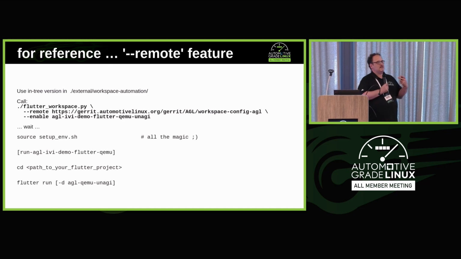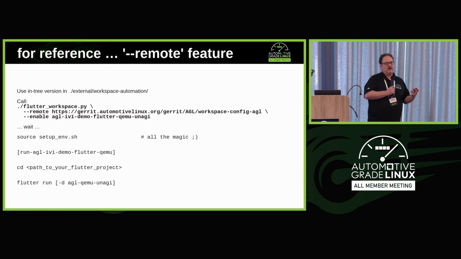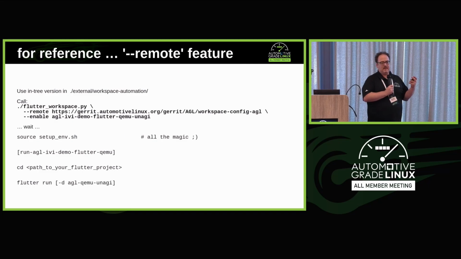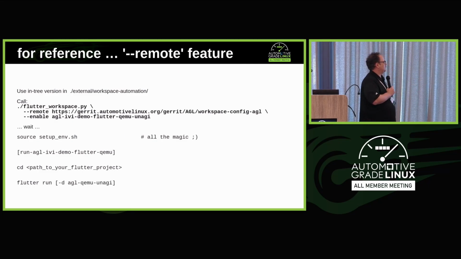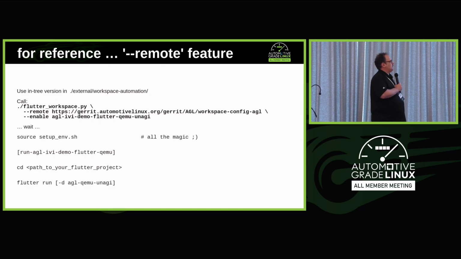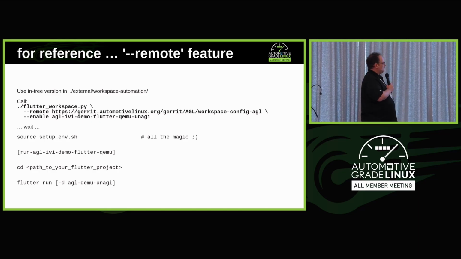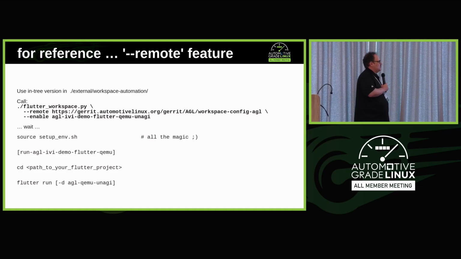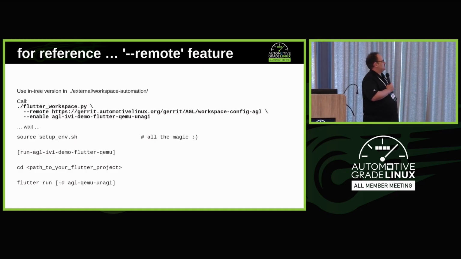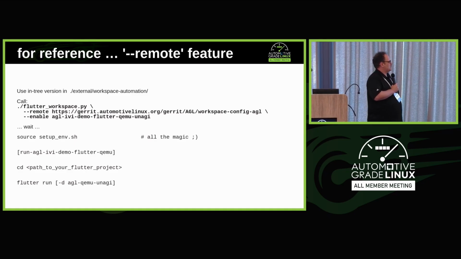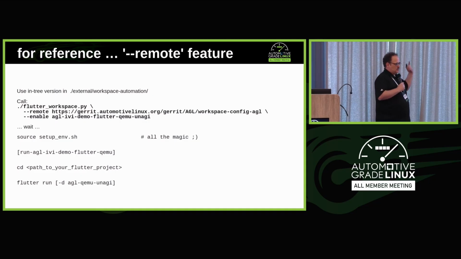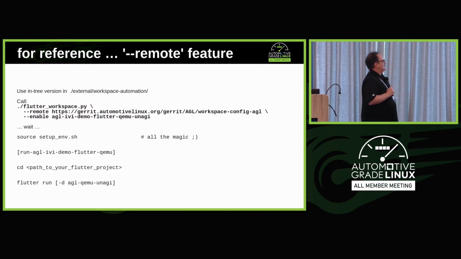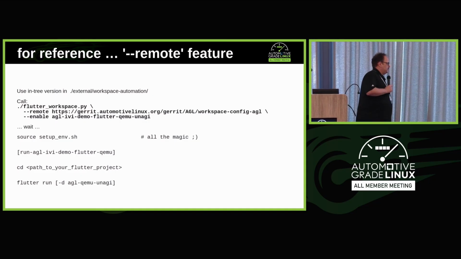It makes Visual Studio Code find the right path and environment. If you are developing against the QEMU, then you have to start up that QEMU VM. There's a script available to start that. After that, go to your Flutter project and off we go.